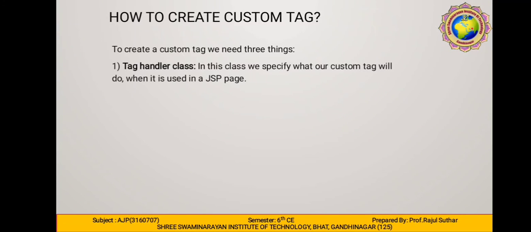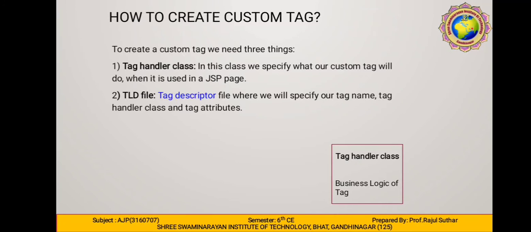How to create a custom tag? For creating a custom tag, you need to keep three things in mind. First, the tag handler is one class. In this class we specify what our custom tag will do when it is used in a JSP page. So the tag handler class is useful for the business logic of the tag. Second, the TLD file, meaning the tag library descriptor file.